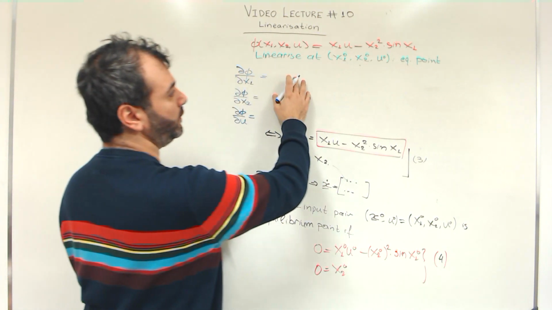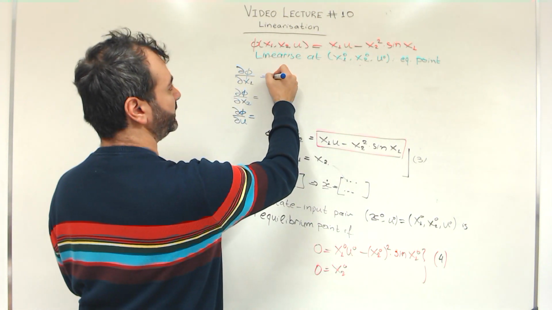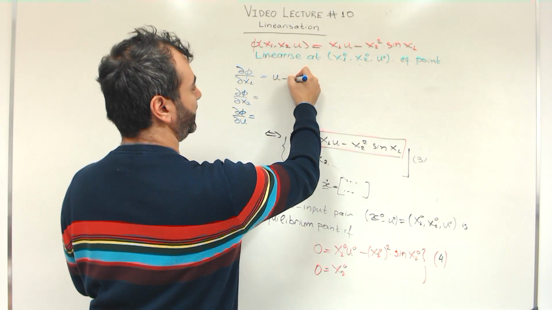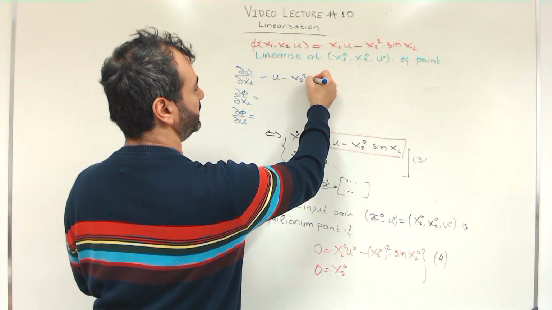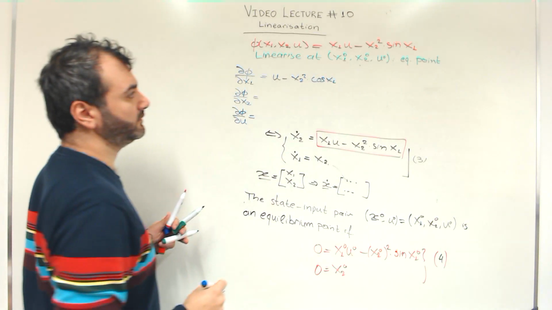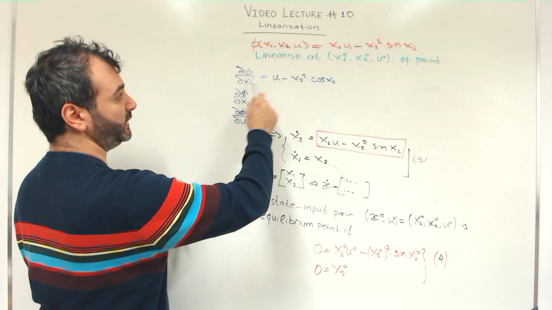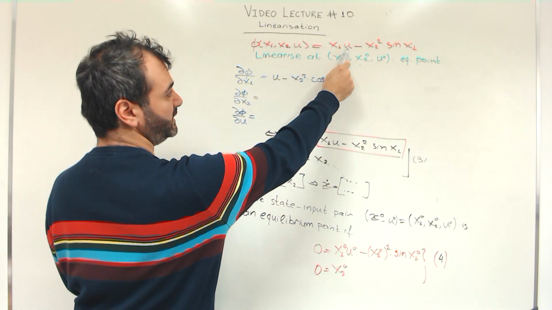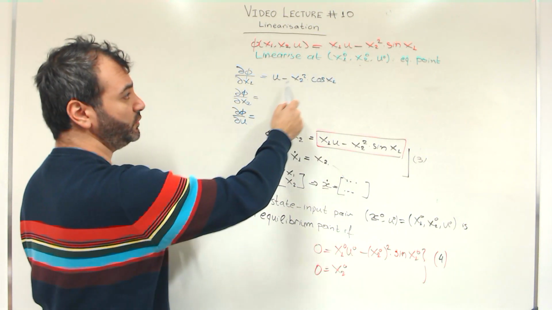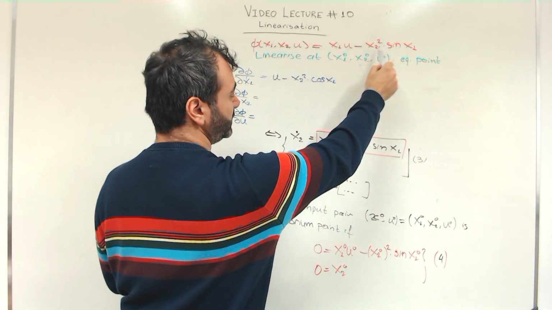With respect to x1, so I have x1 here, the derivative is u minus x2 squared times the derivative of sine, which is cosine of x1. Very good. So again, with respect to x1, x1 is the variable, so this is a constant. So u times x1, the derivative is u, and here this is a constant with respect to x1.